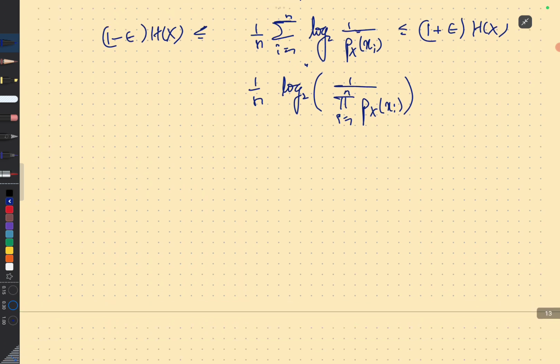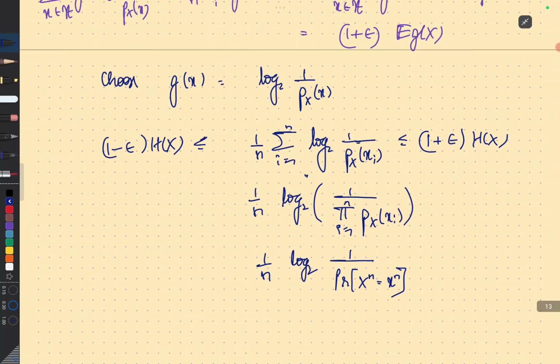This is nothing but 1 over n log 1 over the probability that Xn is equal to little xn. Okay, remember this is only for a sequence xn in the typical set, only for those sequences.